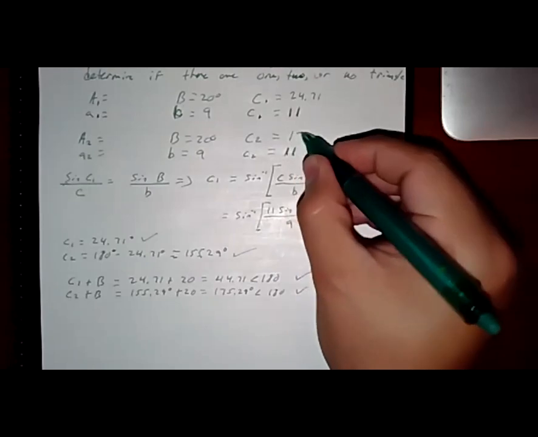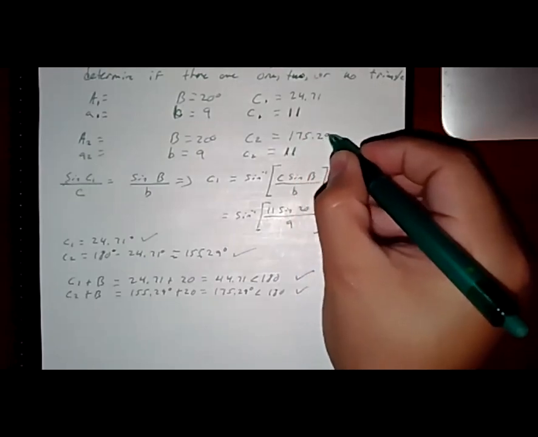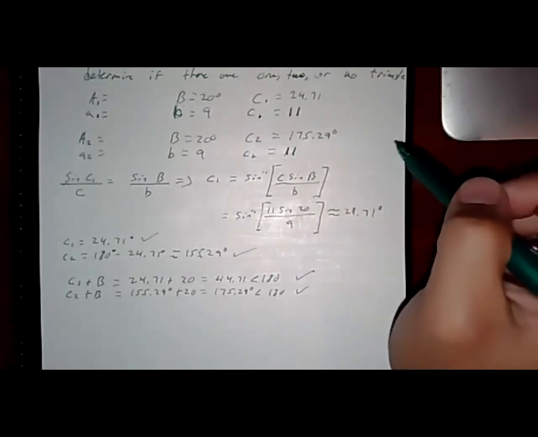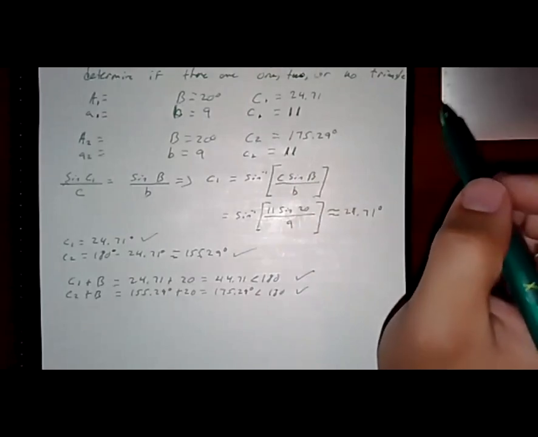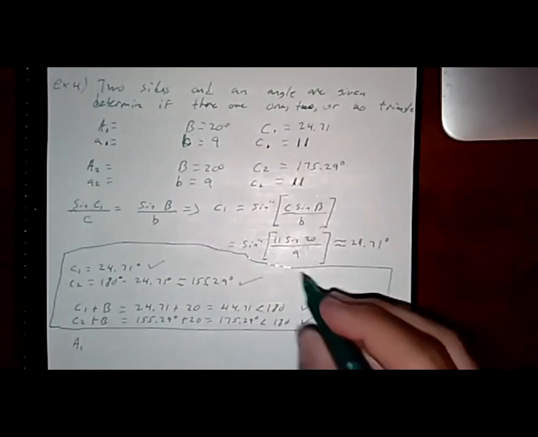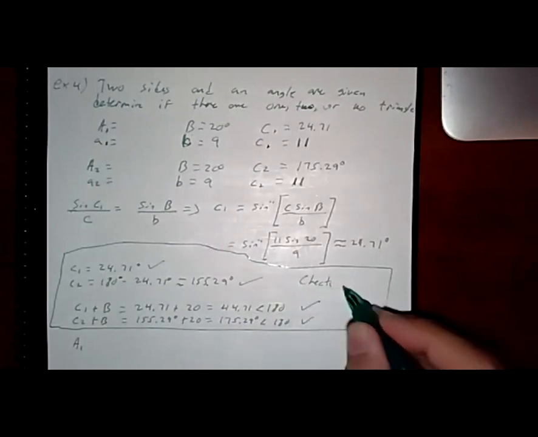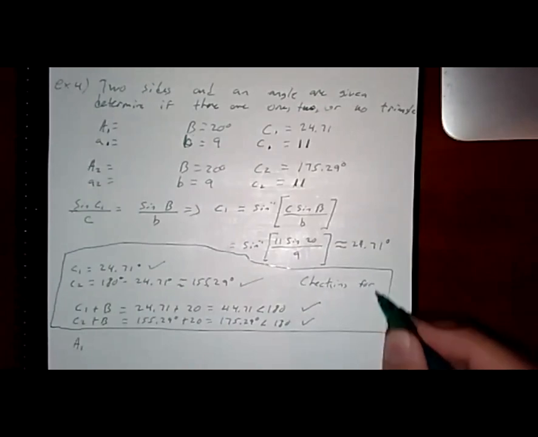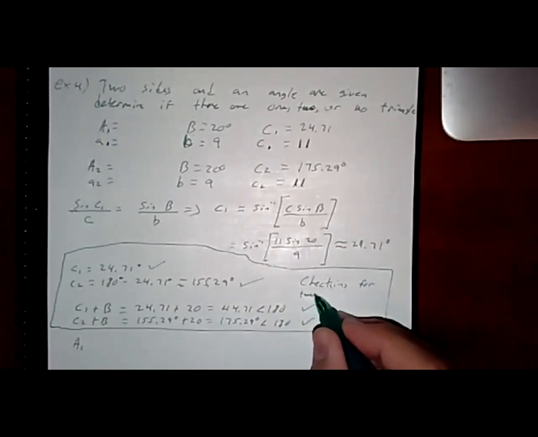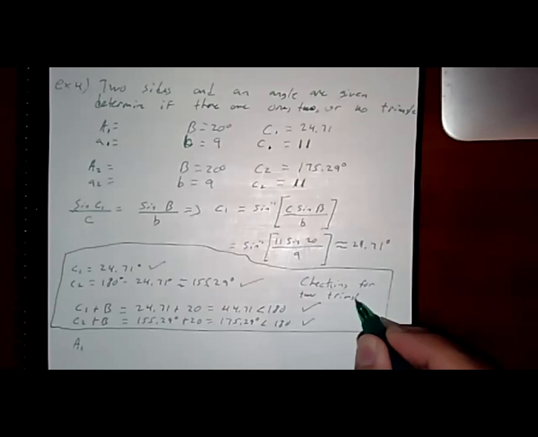Okay. And once we have 2 angles on both triangles, then we can find both capital A's, right? So A1, right here I'm going to just box this, checking for 2 triangles. That's what that was for.